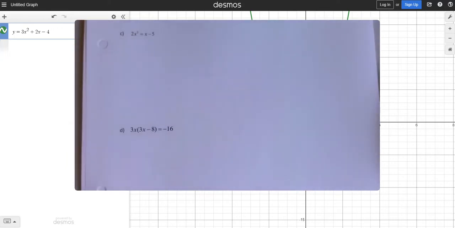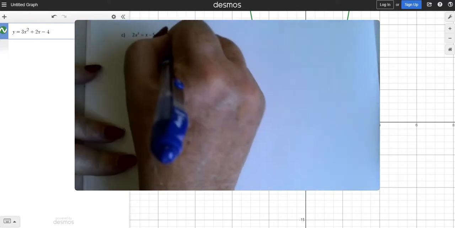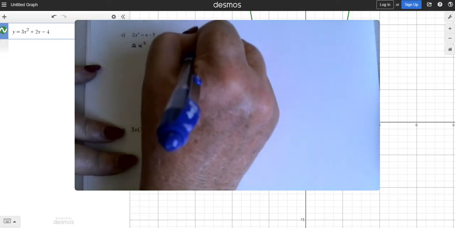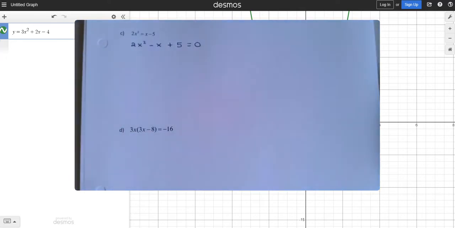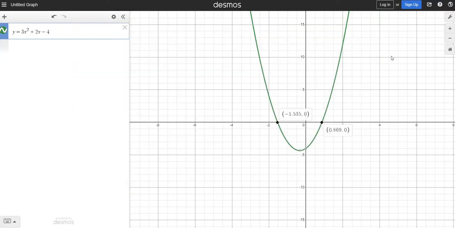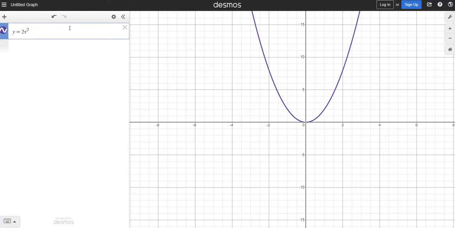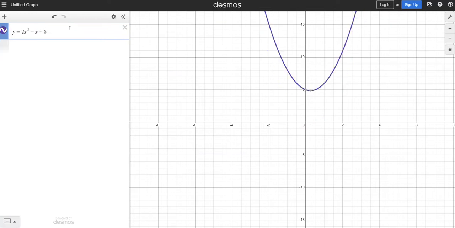In C, this one's not yet equal to 0, so let me get it equal to 0. I'm going to subtract the x and add the 5, so that now I truly just need the zeros of the function. And you'll notice that this parabola does not have any x-intercept.